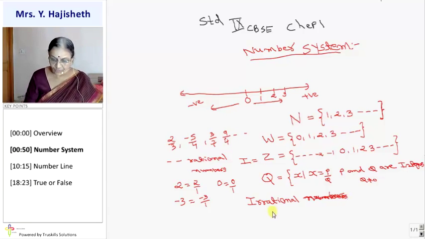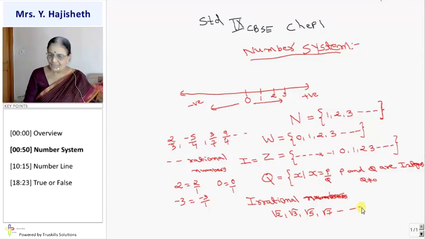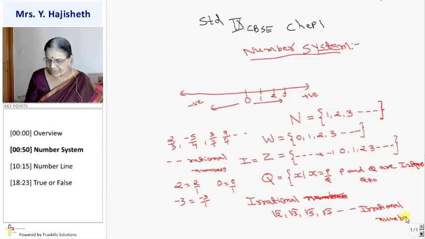Irrational numbers are of the form root 2, root 3, root 5, root 7. Why are they called irrational numbers? Because they cannot be represented in the form P by Q.